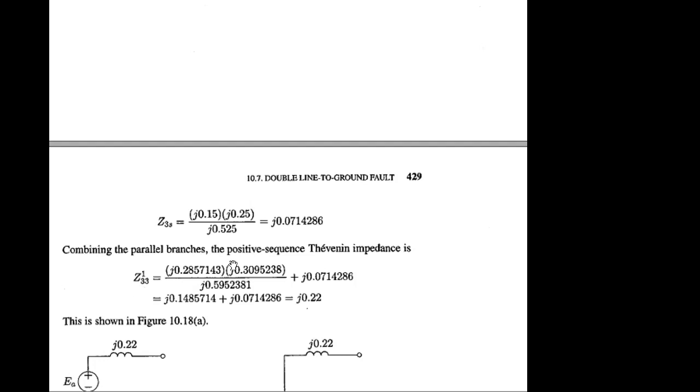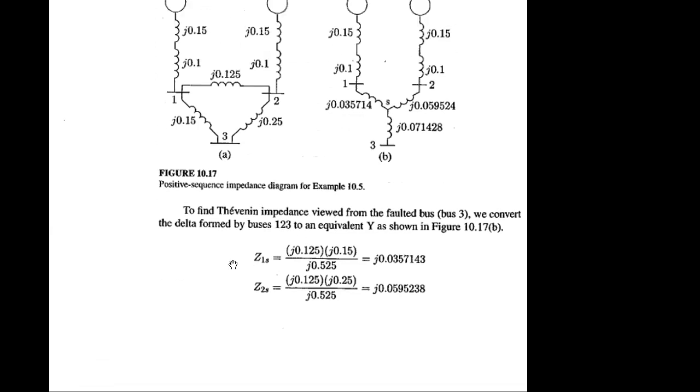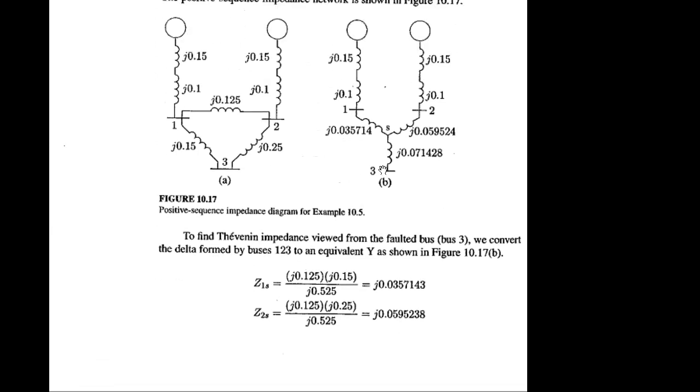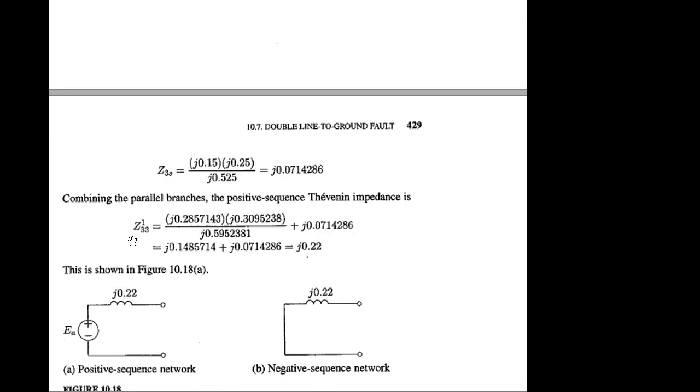This is bus 3, and for that you have to add this part and this part, and they are parallel, right? Yes. And these are in series with that parallel combination. This is Z331, the total. This parallel will be added to this series part. Understood. Z331 is now in our hand, which is 0.22.